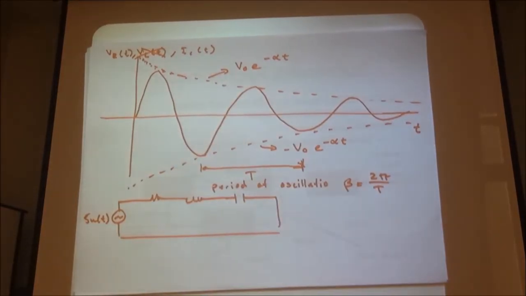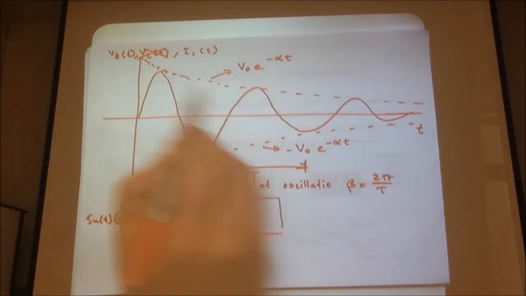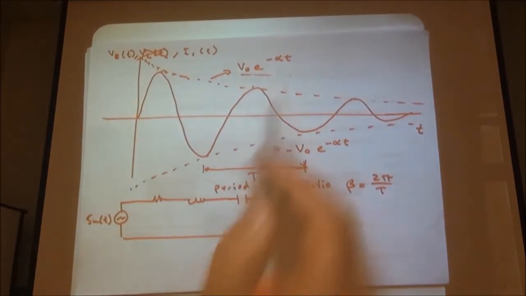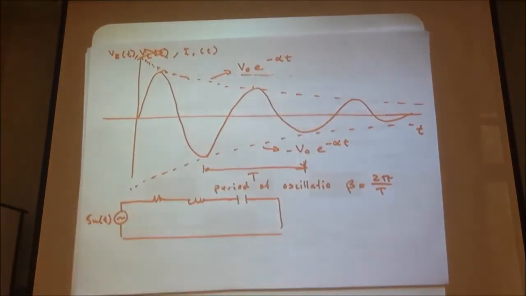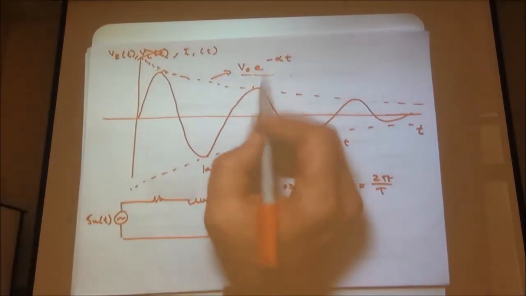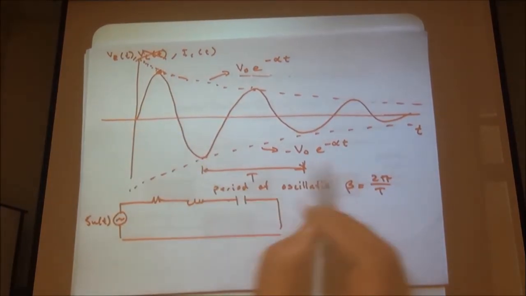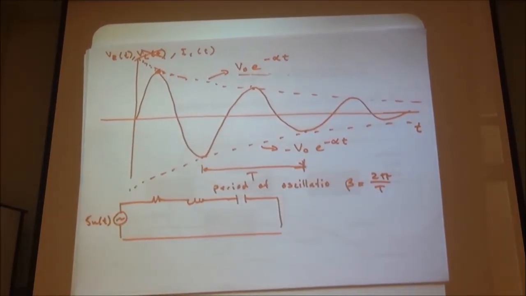What I've found in the past is finding alpha a little bit more tricky. It seems more challenging for students. If you have 2 points, you know this expression. Effectively, this is a general form for an exponentially decaying signal. The peaks always lie on the positive, or if you want to use the negative expression, the peaks touch the exponential curve.